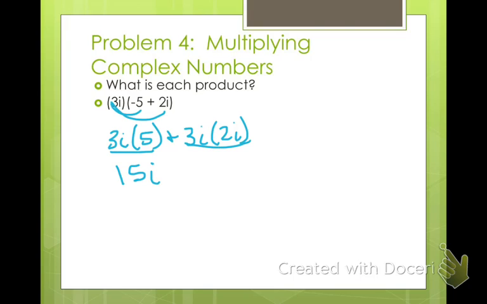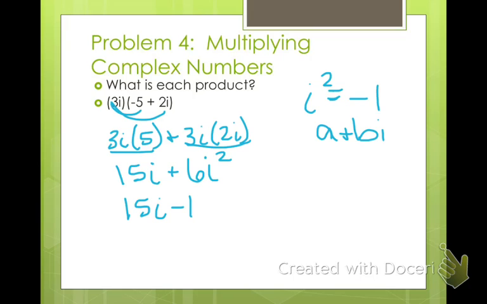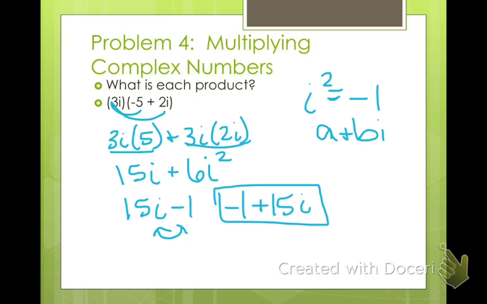And then 3i times 2i. 3 times 2 is 6. And then we have i squared. Now do you remember from vocabulary, i squared, what does that equal? Negative 1. So this becomes -15i minus 6. But in order to put it in our correct a plus bi form, we have to switch these around. Oops, that should be 6. Negative 6 plus 15i is the most correct form of your answer.